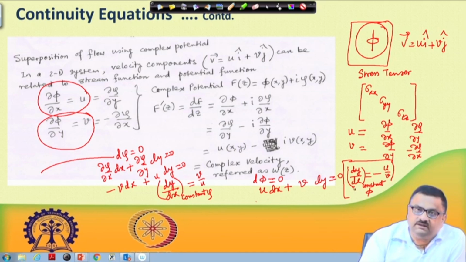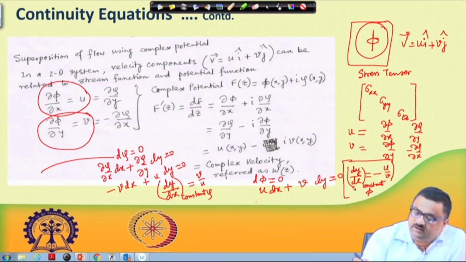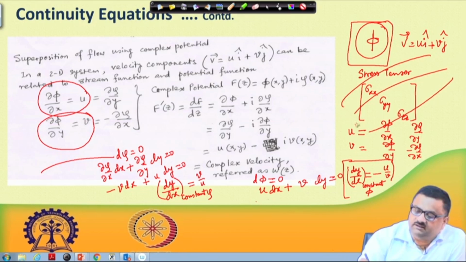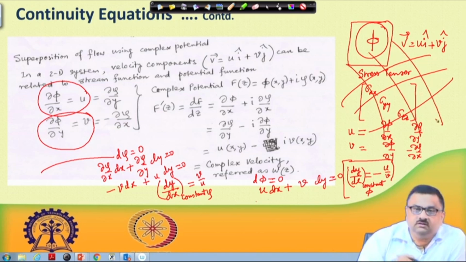So, what that means is, if we look at our understanding of basic coordinate geometry, the product of the slopes being minus 1 means one is perpendicular to the other. So, if these are the streamlines, I would expect the potential lines will be perpendicular to these lines.